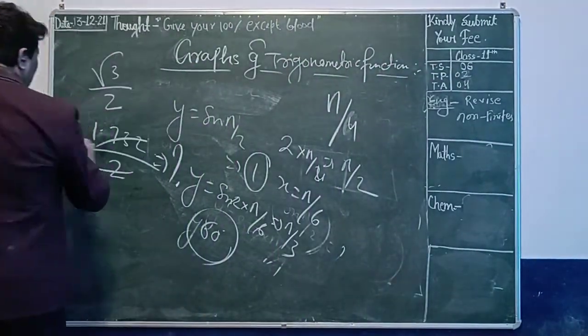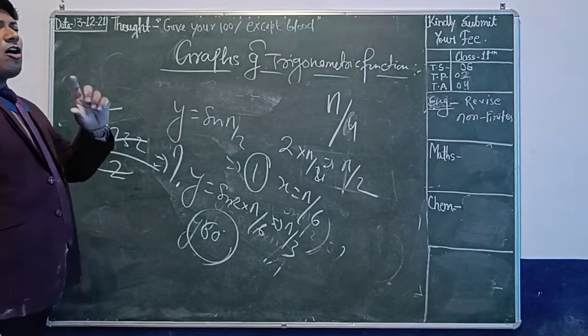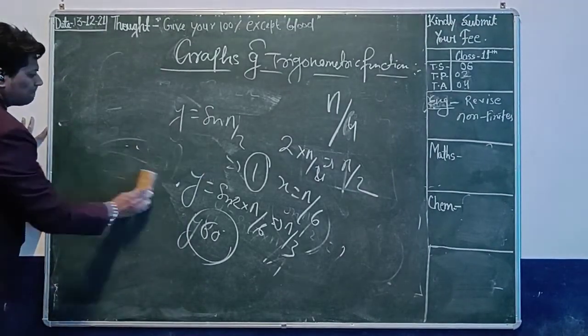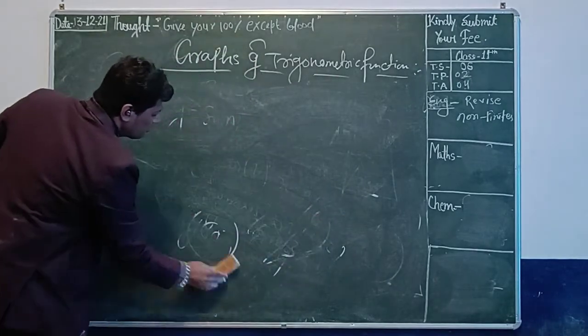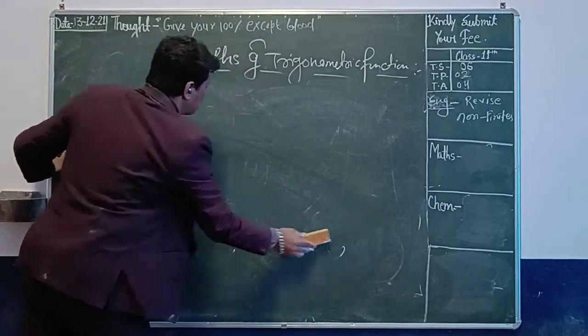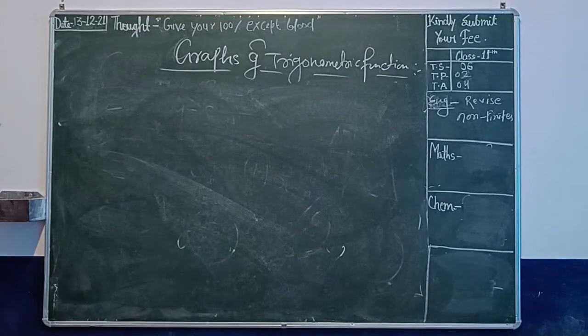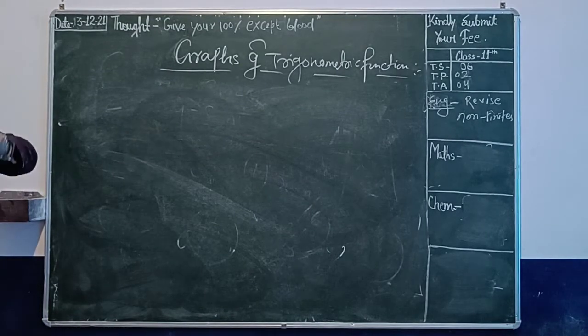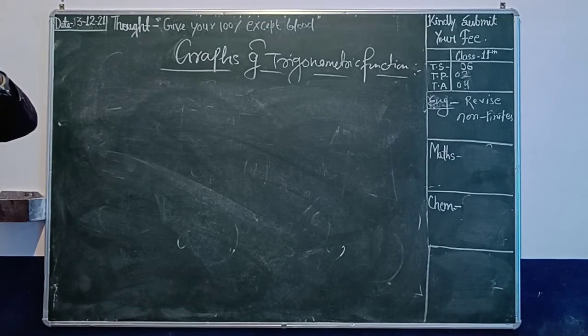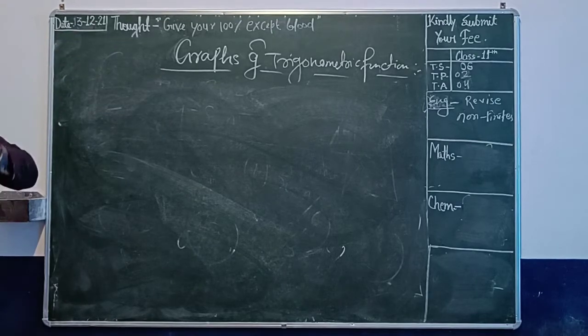So simply, what you are getting is a shifting of the origin taking place. Then you can talk about y equal to sin 2x. Clear? For sin 2x, the value that we should get at pi by 2, where are we getting it? At pi by 4. The value which we should obtain at 2 pi, we are getting at pi. Where will we get the value that we should get at 2 pi?